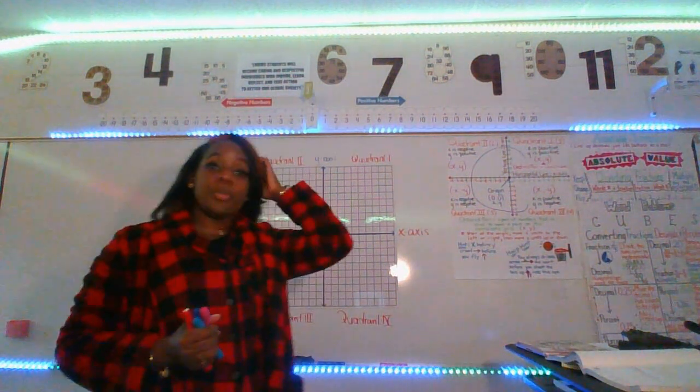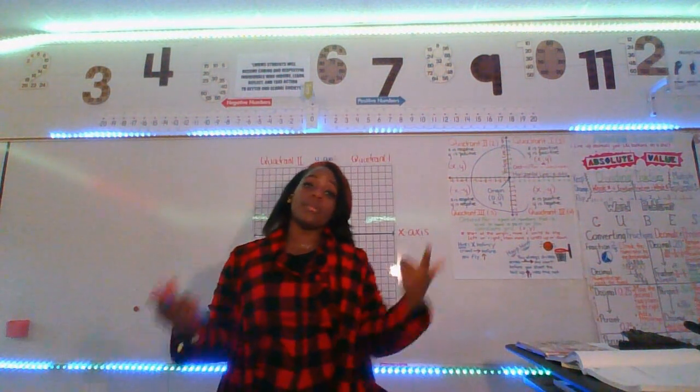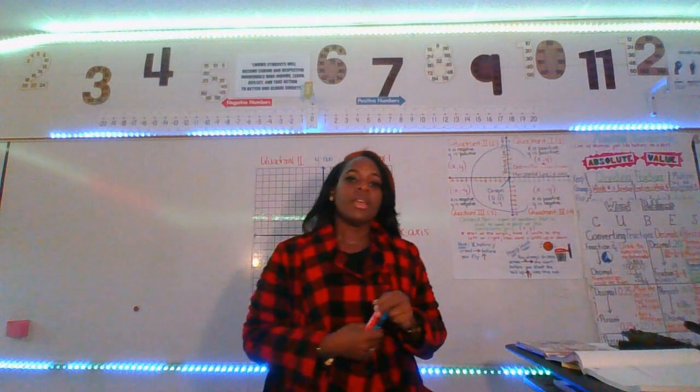When it comes to putting points on a coordinate plane, you have to make 2 movements at all times, all right? Now, sometimes the second movement is going to be 0, or sometimes the first movement is going to be 0. That just depends on where the point is located.